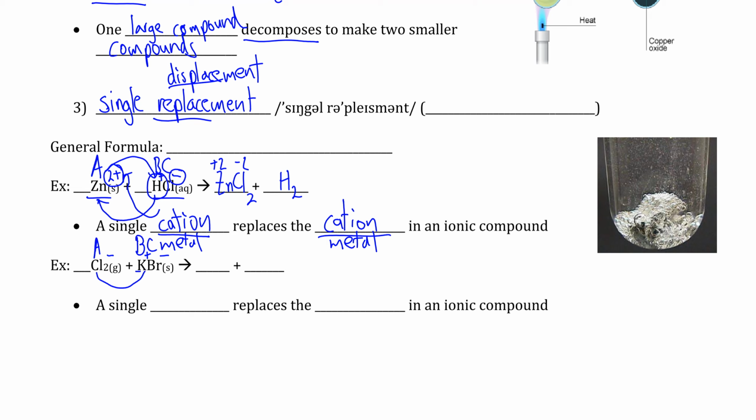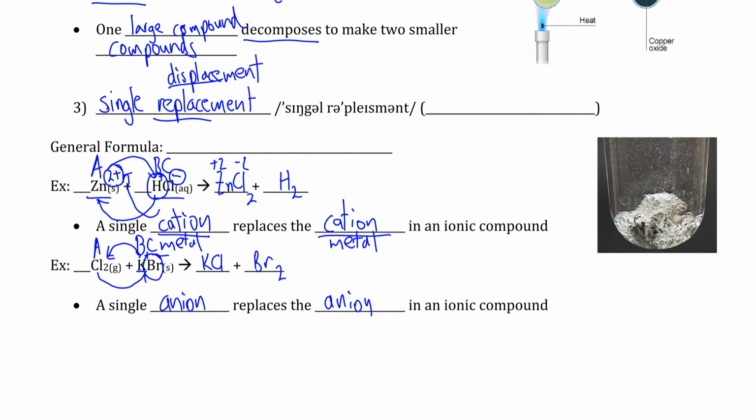So in this case, it's the two nonmetals, because each of the nonmetals is going to form an anion, and the anion that is formed, the negatively charged ion, is going to replace the other anion in the ionic compound. So our two products that we would get are KCl, because we form a negative ion when Cl becomes part of an ionic compound, and then Br is going to be replaced. But because Br forms a diatomic compound, we would write it as Br2.